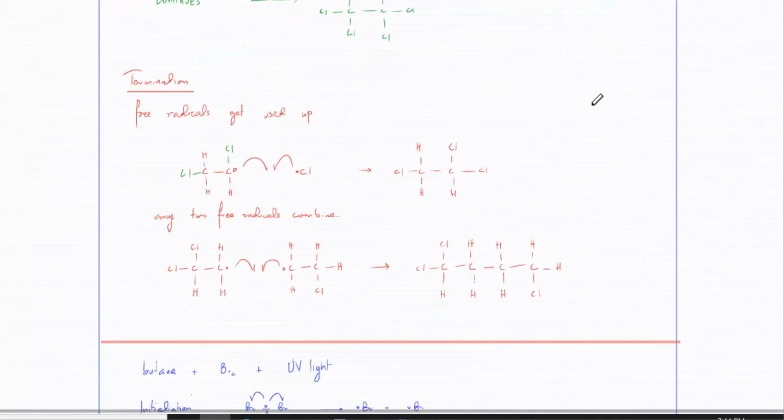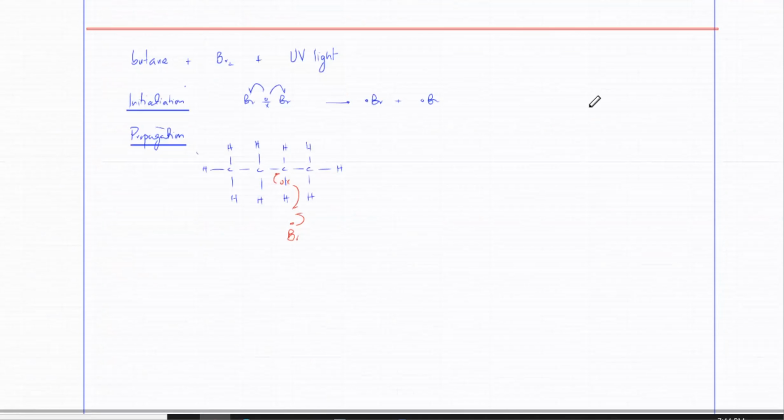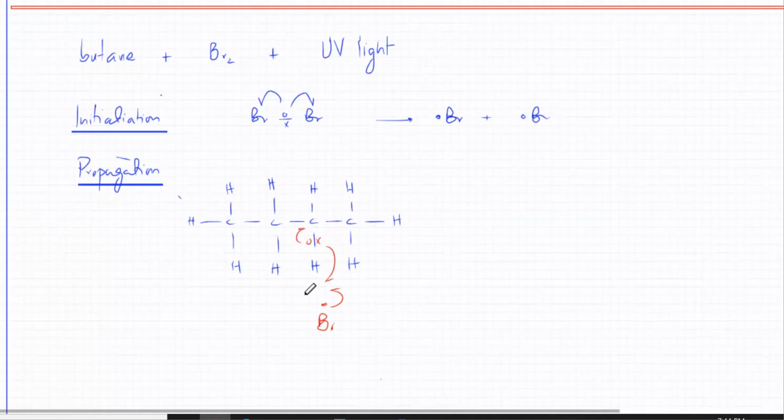You've got butane, and the bromine radical can target any of the hydrogen atoms. So if it steals this hydrogen atom, what's going to happen? It's going to turn into what? It's going to turn into a butyl radical, except for one thing, which is that all these hydrogen atoms are there, except for one of the hydrogen atoms is now missing.